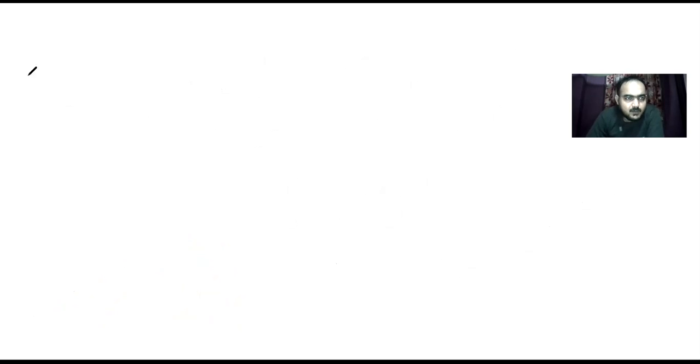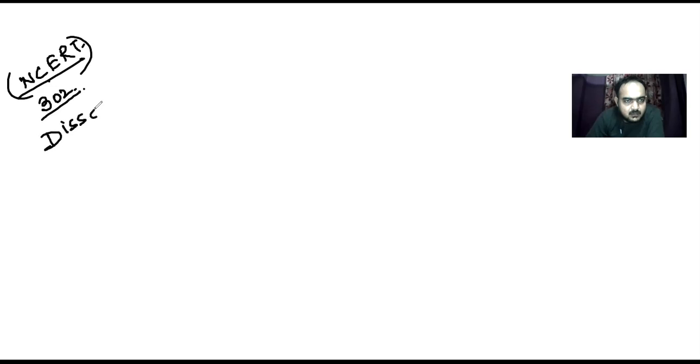Another physical property, we are going strictly according to our NCERT, page number 302, is dissolution in liquid ammonia.